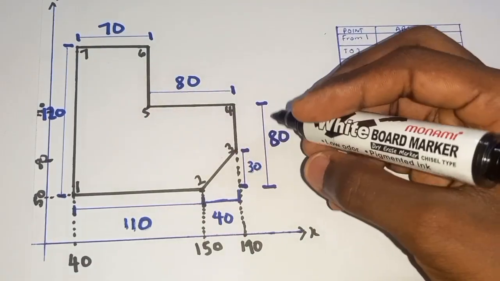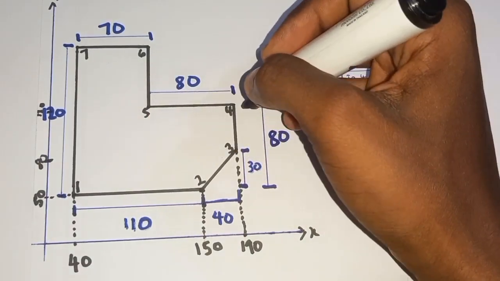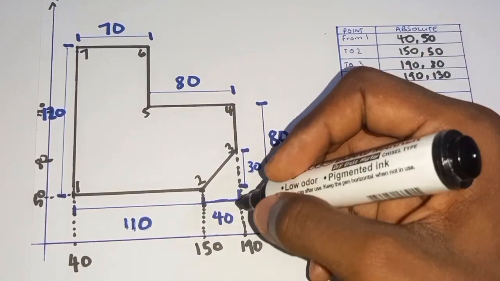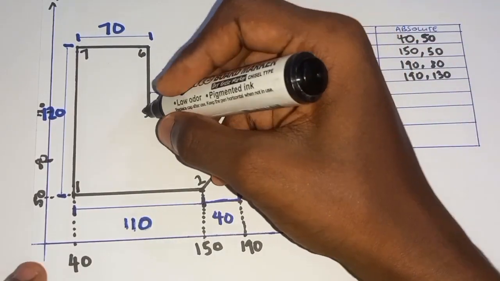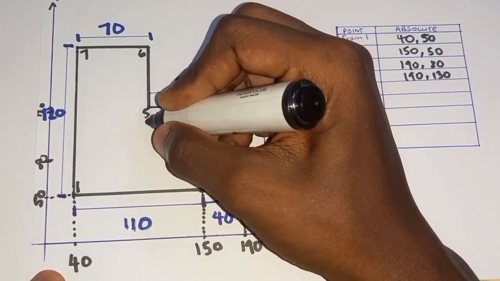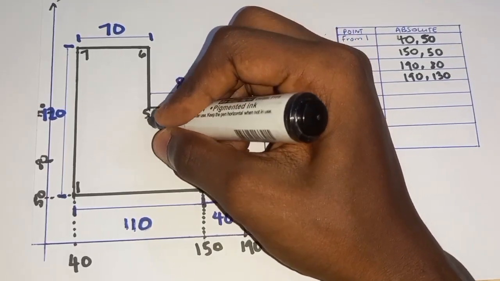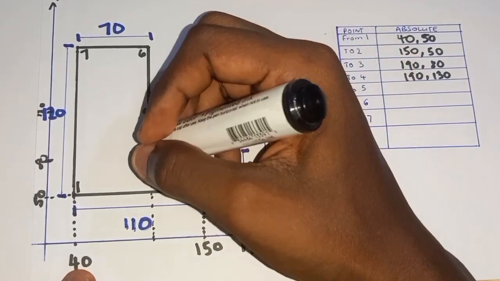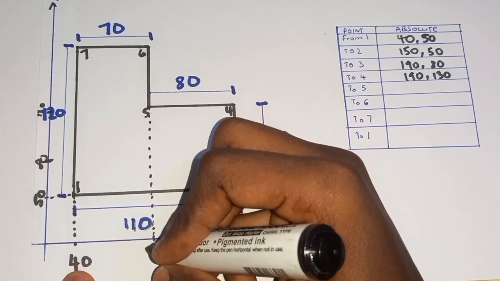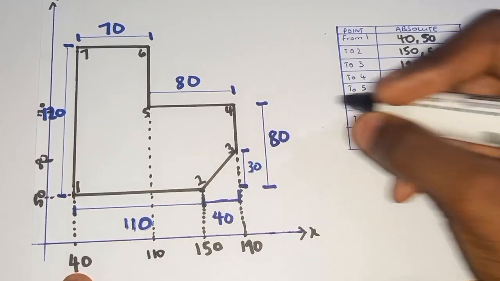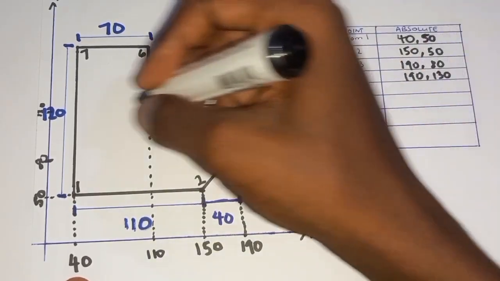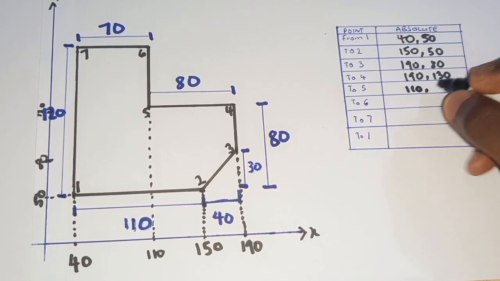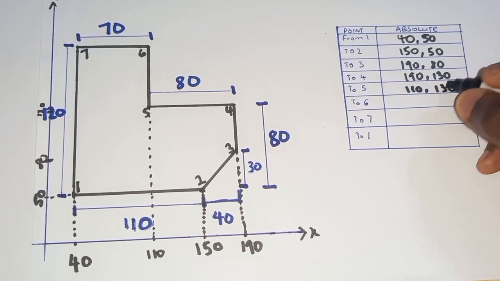Count to 5. We come to the left of the x-axis by 80. So then 190 minus 80 is 110. So we come back here, short dashes. So 110 and the distance is 130. The y-axis is 130. So then 110, 130.